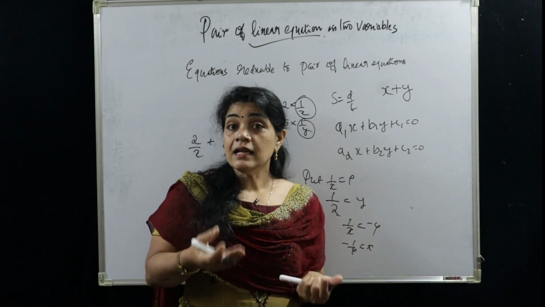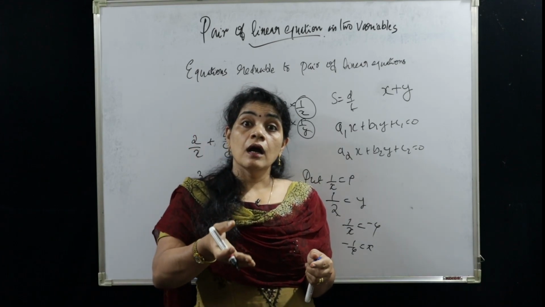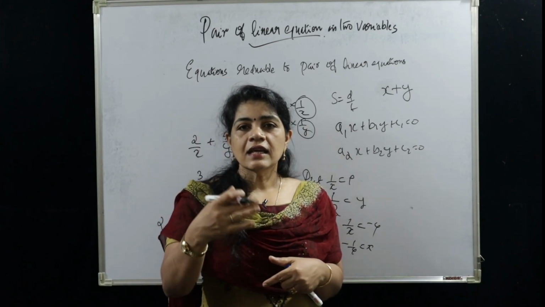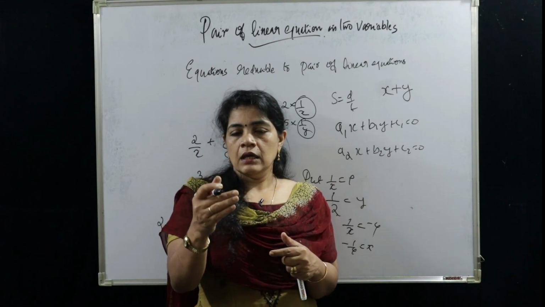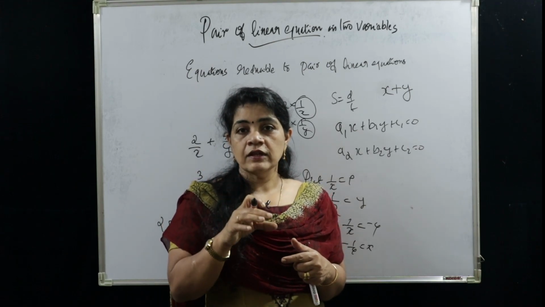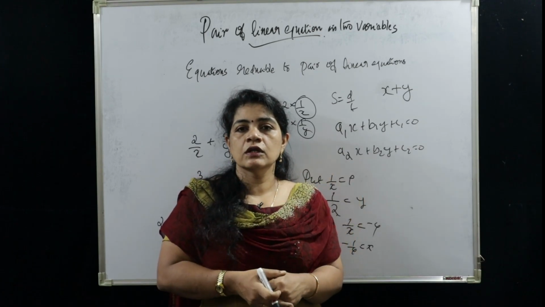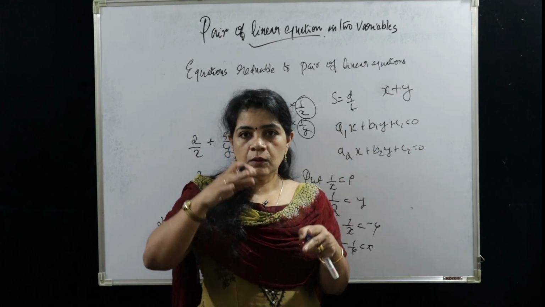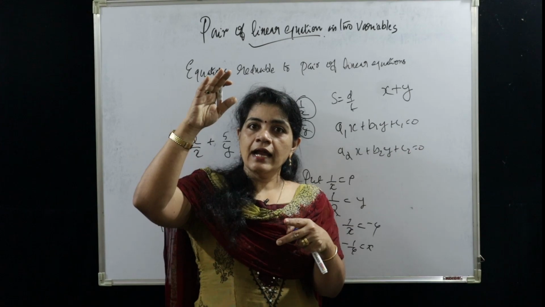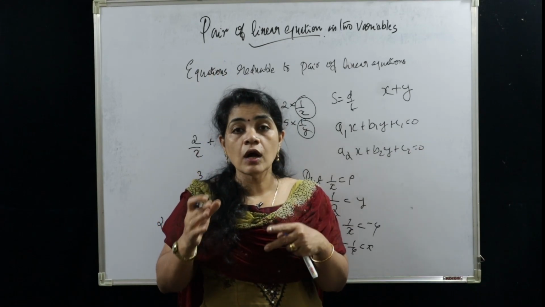The second case is when the boat is moving in the upward direction. In that case, the speed of the current, that is the water, opposes it, so you have to subtract the speed of the water from the speed of the boat, because the boat is moving upward and the water always has a tendency to move downwards.